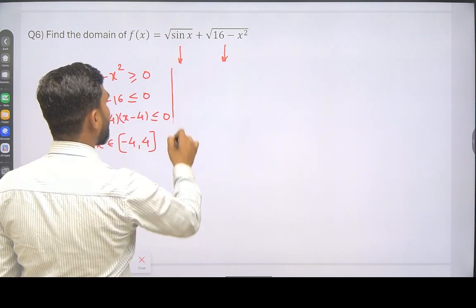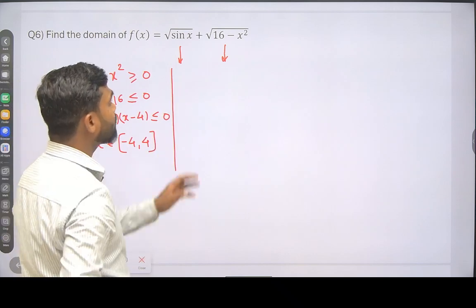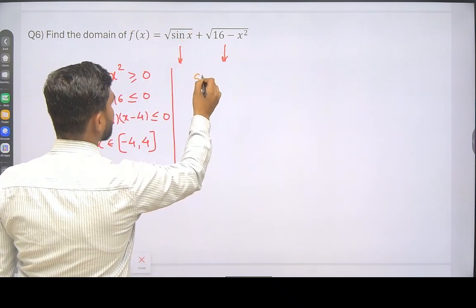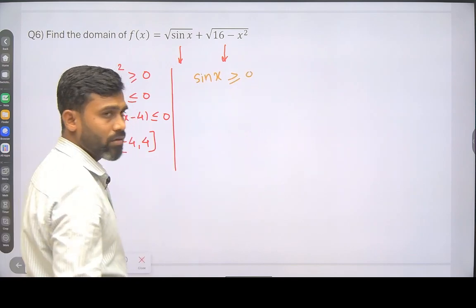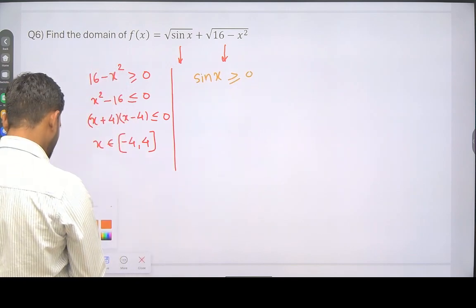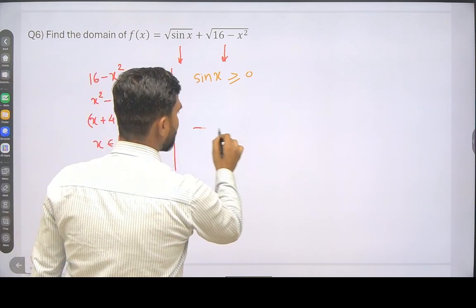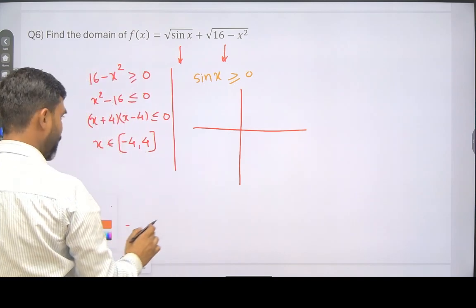Here, if you just try to find out the condition for the first function, first part, right? So what will we get? Sine x will be greater than or equal to 0, right? So let us try this question graphically. I mean this inequality, it becomes easier. So let us try to draw the graph of sine x.